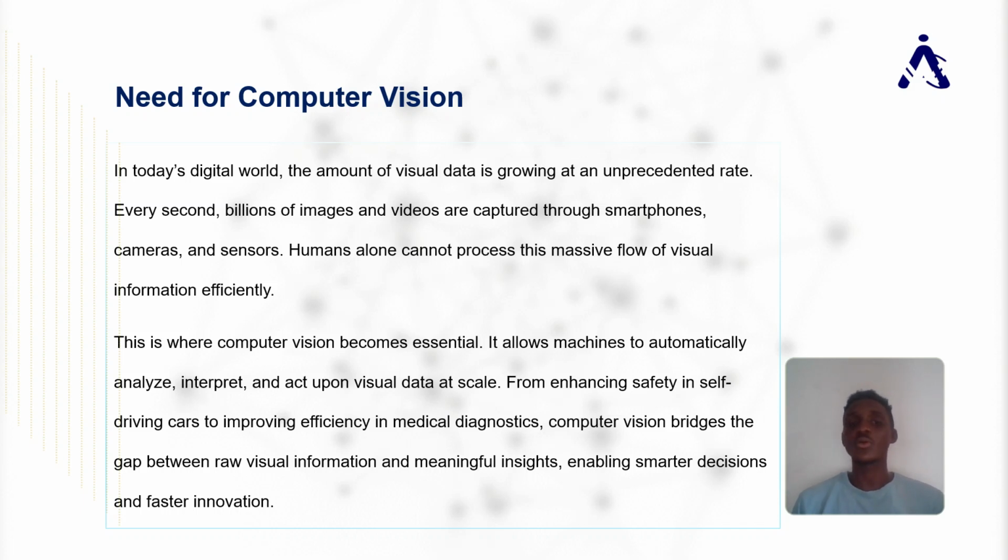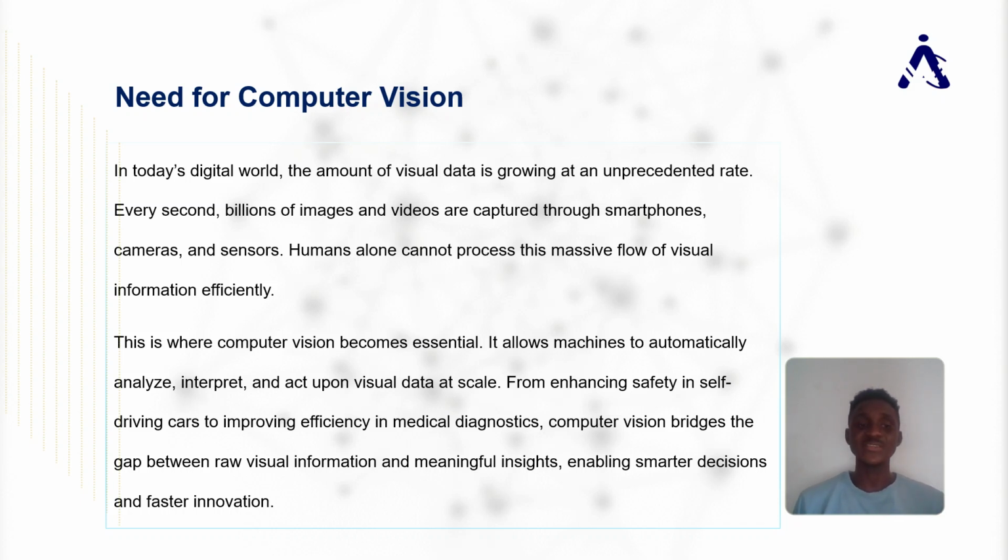So the need for computer vision becomes more essential as it allows machines to automatically analyze, interpret, and even take action upon the visual data they see. So we don't have to do anything other than rely on the results from the machine.